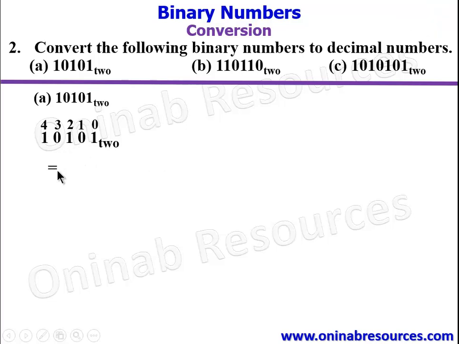So we now pick the first digit, which is 1, times 2, which is the base, raised to the number given to the digit, that is raised to the power 4, then plus 0 times 2 raised to the power 3, then plus 1 times 2 to the power of 2, then plus 0 times 2 to the power of 1, then finally plus 1 times 2 to the power 0.